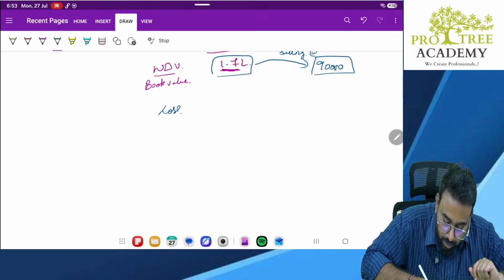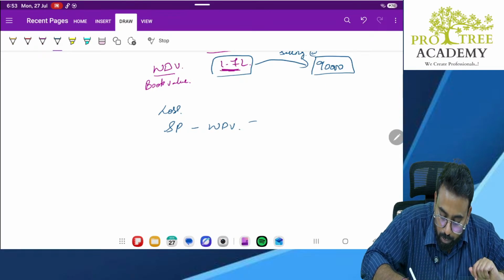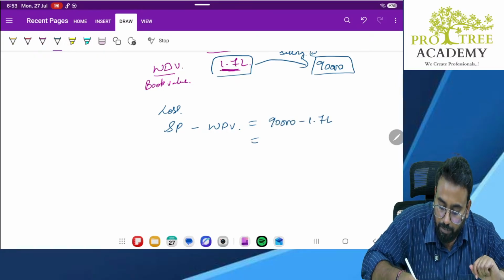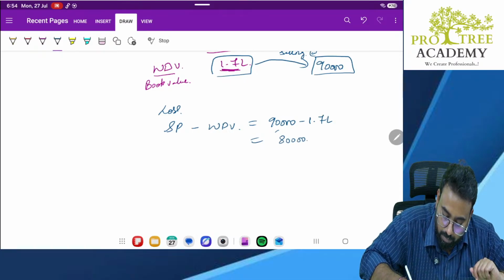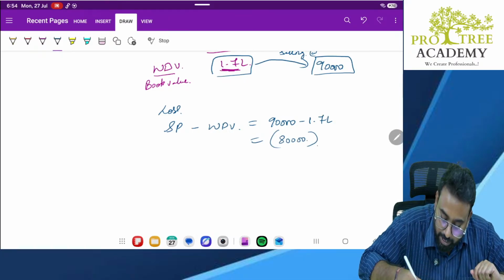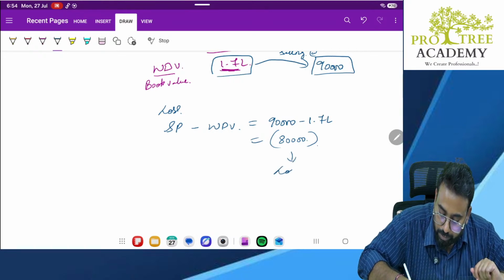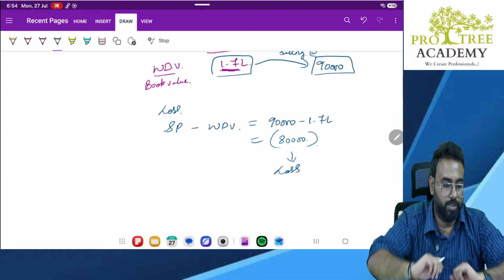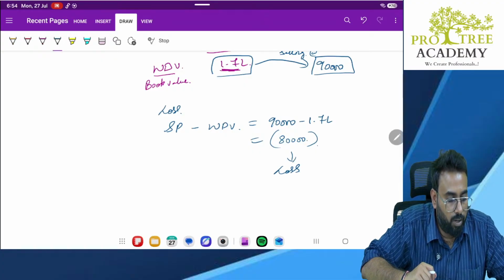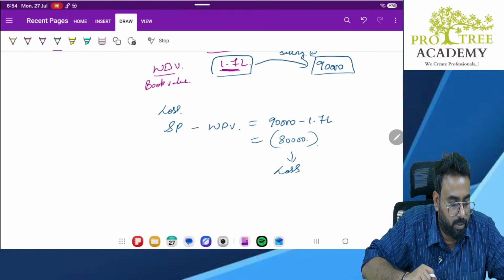Yes or no? Selling price minus WDV, 90,000 minus 1.7 lakhs, will give you how much? Negative. That is why it is called a loss. We are making a loss of 80,000 rupees.